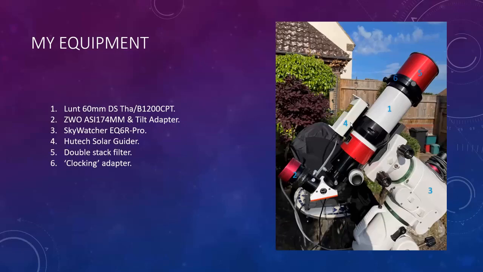And this will track the sun and keep it pinpoint on the actual object that I'm tracking. It's effectively PHD2 for those of you who do deep sky astrophotography. It's PHD2, but for the daytime. And it's also a solar finder as well.